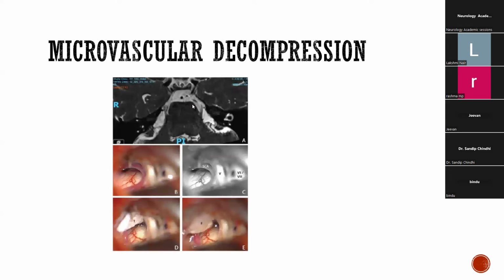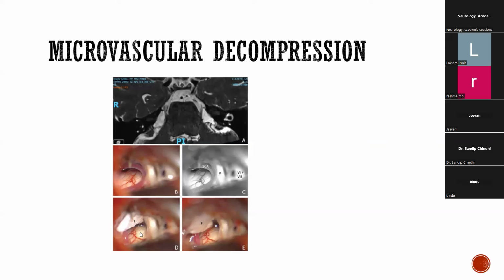Here the first image is a CISS 3D image showing the right trigeminal nerve being compressed by the right superior cerebellar artery. And this is the intraoperative image, image B, showing in red the superior cerebellar artery compressing the trigeminal nerve.